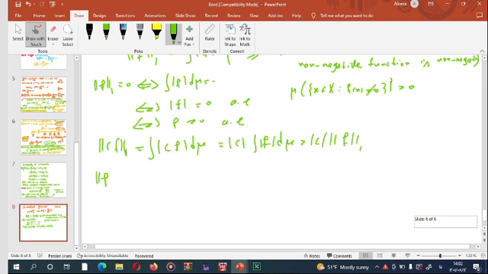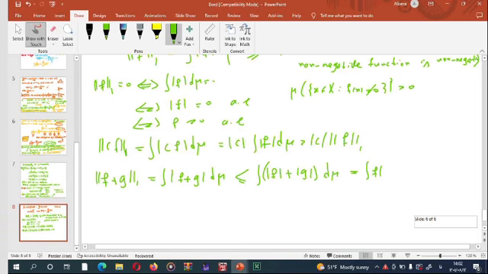And the norm 1 of f plus g equals this integral, and by triangle inequality this is less than or equal to this integral, and this is equal to these two integrals. We saw all of these in Real Analysis 1, okay? In the Real Analysis 1 course.